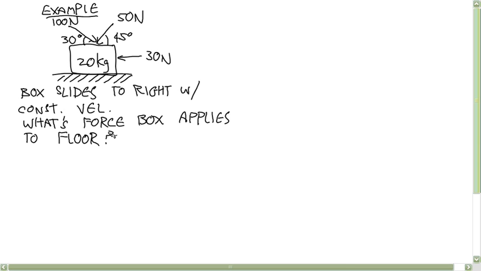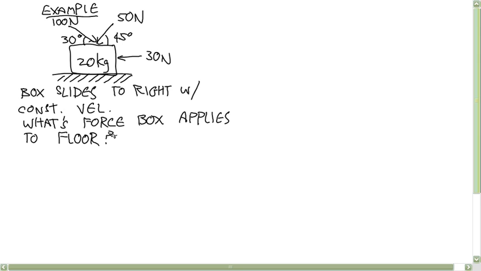Okay, so say you work for a construction company and you need to make a floor that can handle these boxes being slid across it. It happens all the time in construction companies.